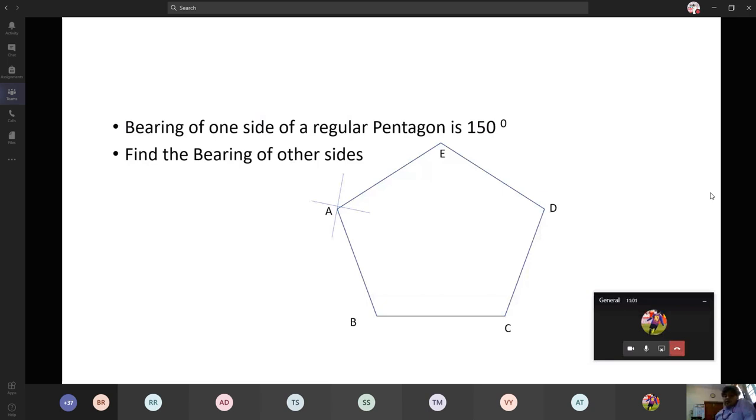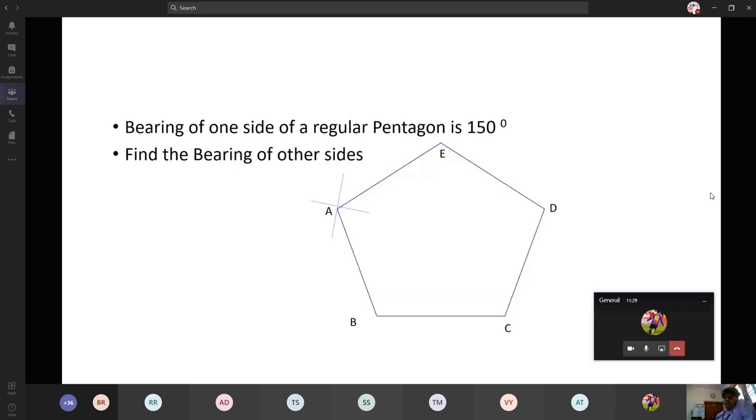The bearing of a side of a regular pentagon is 150 degrees. Find the bearing of the other sides. How do we crack it? This is a pentagon. You are able to see that. One side of the pentagon has a bearing of 150 degrees.